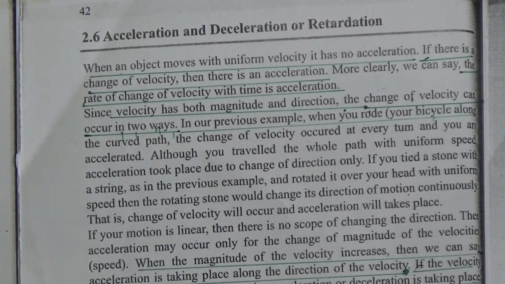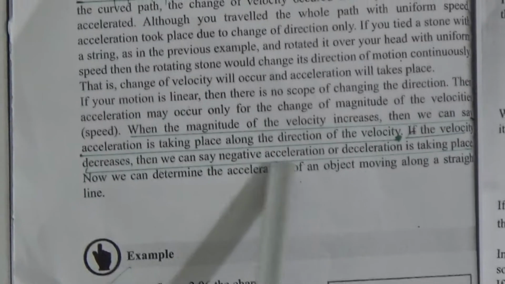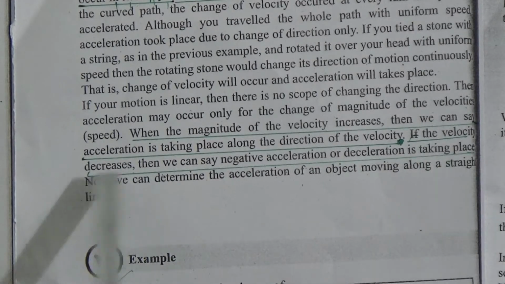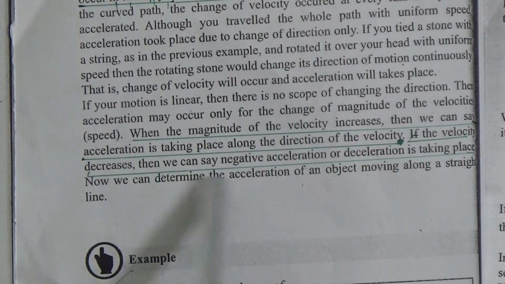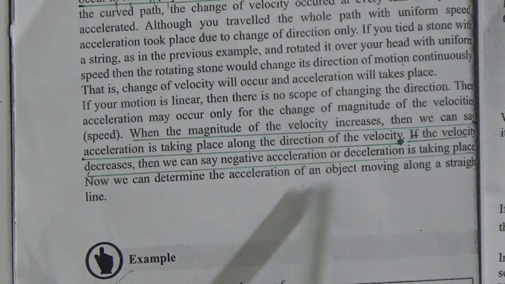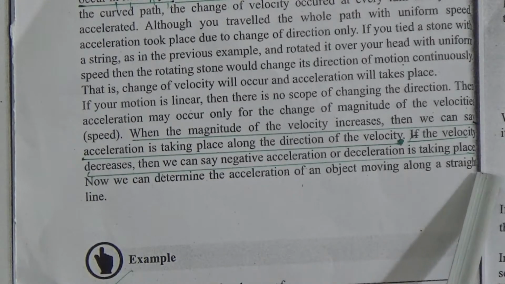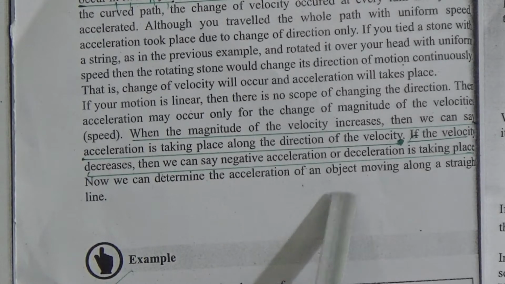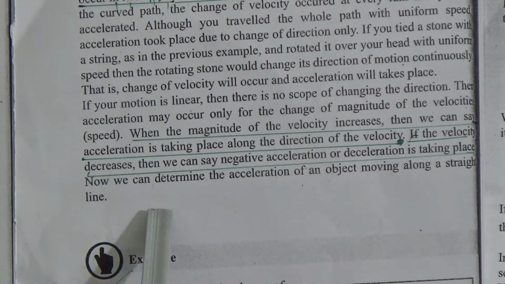If the velocity decreases, then we can say negative acceleration or deceleration is taking place. Now we can determine the acceleration of an object moving along a straight line.